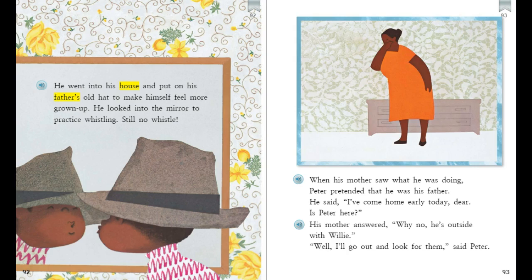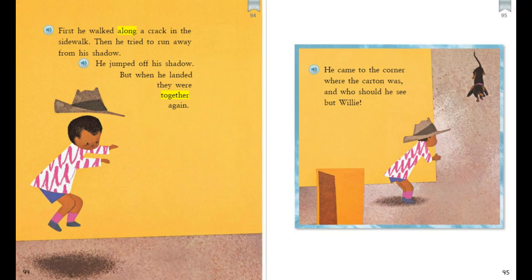Why does Peter put on his father's hat? Why can't Peter run away from his shadow? How could he get away from his shadow?